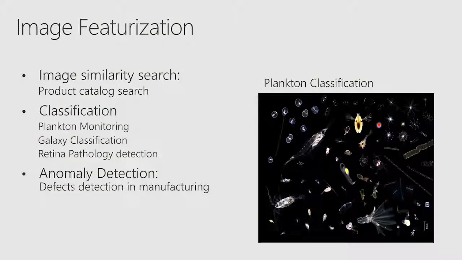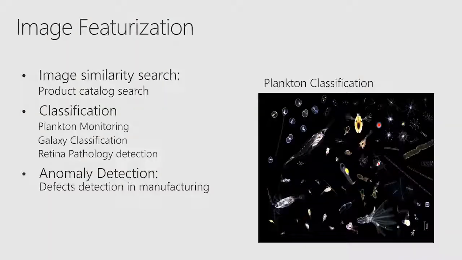That's one application. The other one is if you're trying to classify images into different groups. For example, if you are working in a wood processing company and you're processing logs, you want to identify what species of trees they were made of and maybe what kind of quality to assign to each one. You can also do it in science, for example, identifying types of galaxies or counting the different species of plankton.